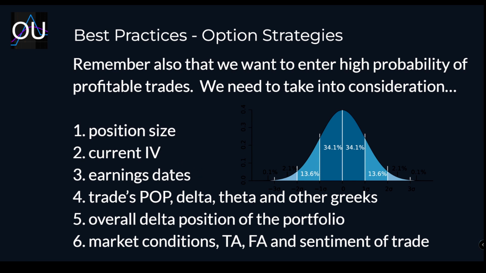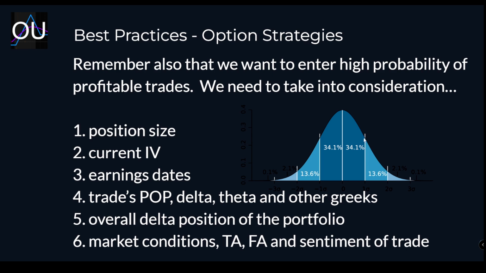Another thing you look for is the trade's probability of profit, the delta, the theta, and other Greeks. It's important that we don't just sell or buy premium; besides the position and the implied volatility, we have to understand the probability of profit. How far out are we going on this one standard deviation curve?